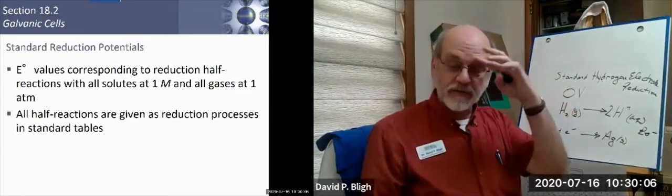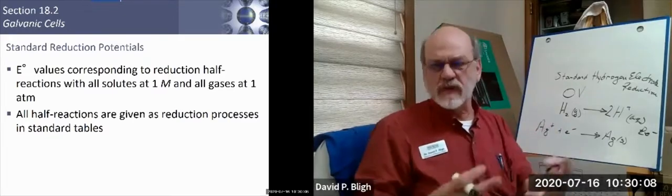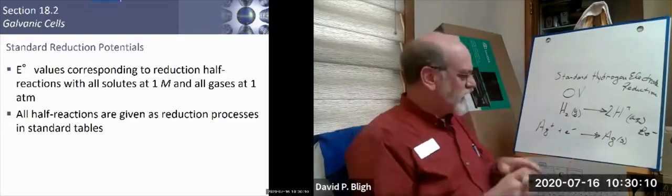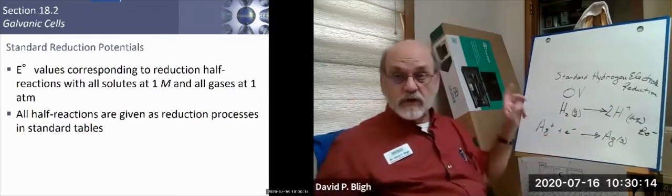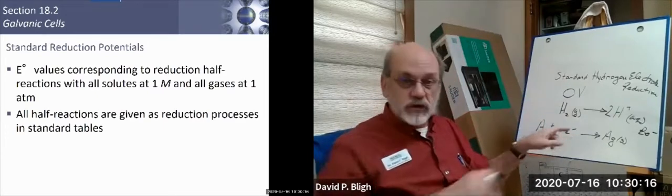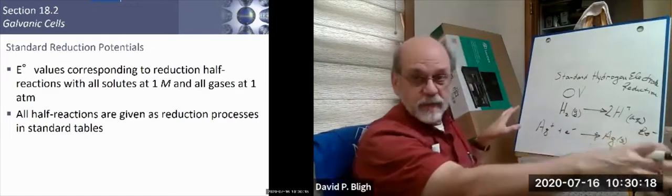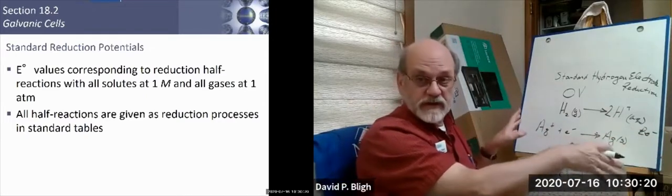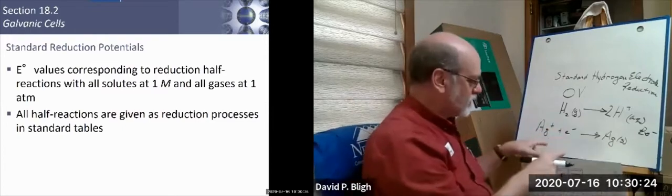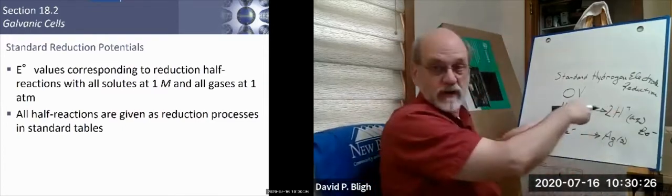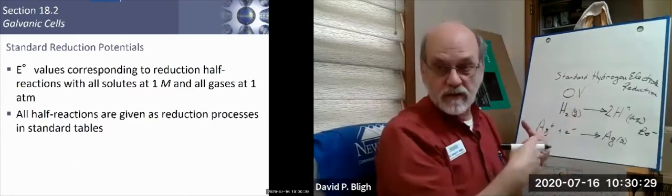So you've got all that information. We just need to know how to use them. Now that we have a standard for each half reaction, you can compare two half reactions, one as an oxidation and one as a reduction. Because if you compare this one to that one to that one, you can compare the two together.